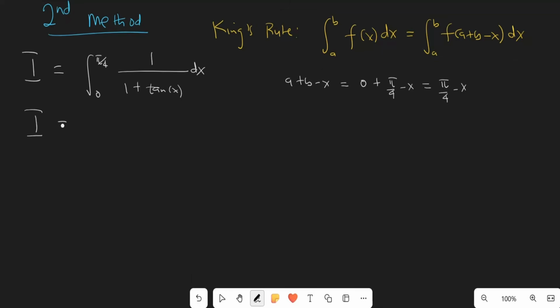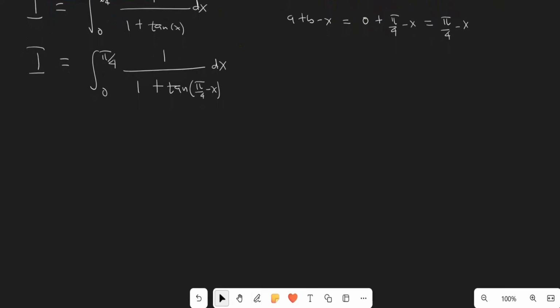So this is I, which is equal to the integral from 0 to pi over 4 of 1 all over 1 plus tangent of x, written as the tangent of a plus b minus x, which is pi over 4 minus x, dx. This is the King's rule of definite integrals. Cool.